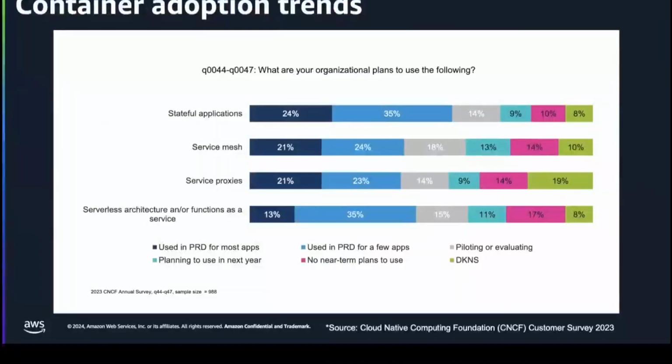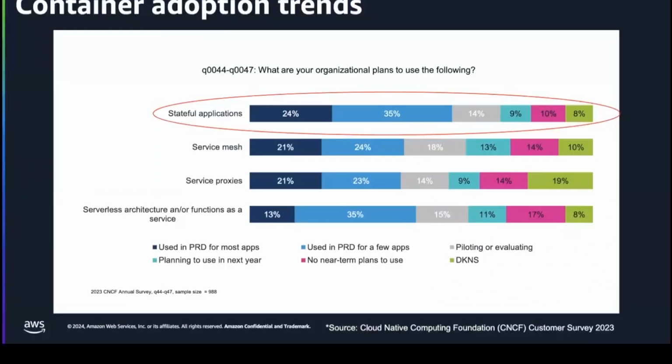And perhaps the most interesting stat that was in the most recent survey is this one here, which is stateful applications. So these are applications that need to have some anchor point of data, whether that would be external to the container environment in some sort of a database or in an S3 bucket, or what we're going to talk about today, which is actually running storage as a persistent volume inside of Kubernetes.